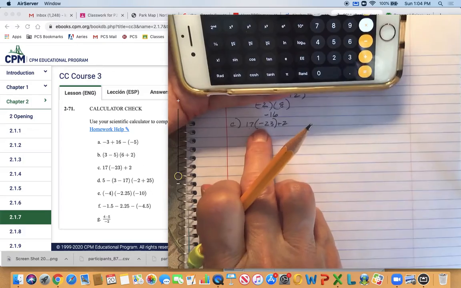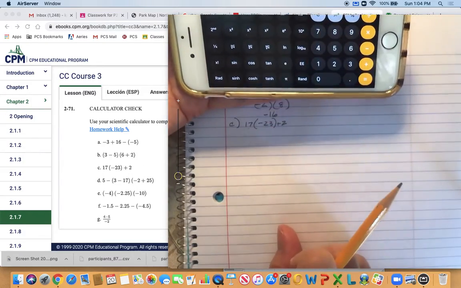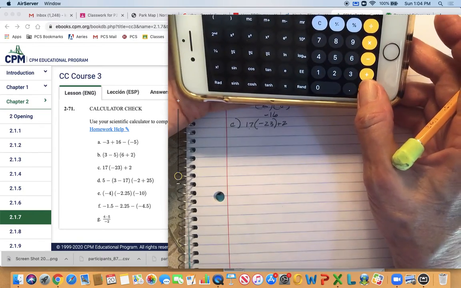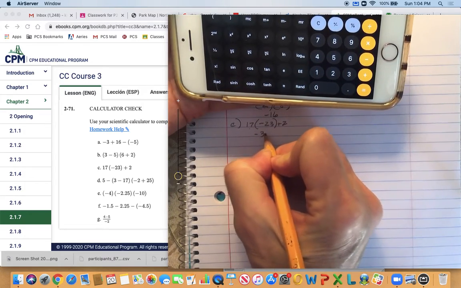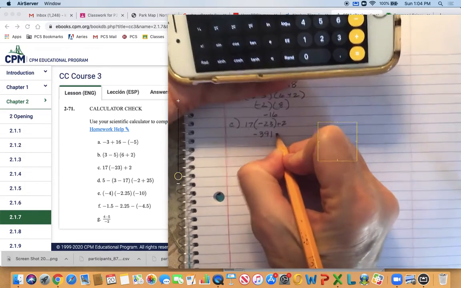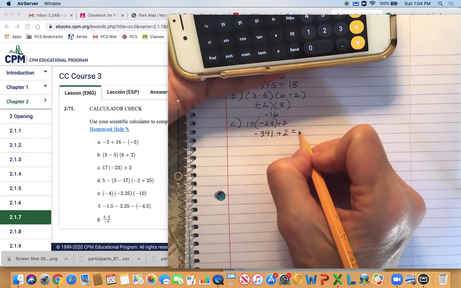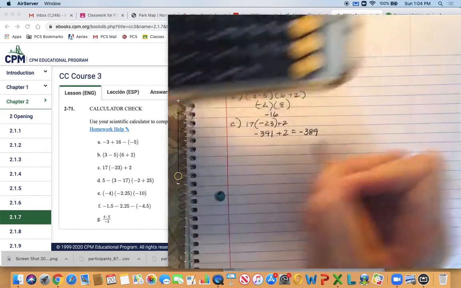So I'm going to put in the 23, and then change it to being a -23. Now I'll just say, what does that equal? It equals -391. And then it's plus 2, and that is going to be equal to -389.